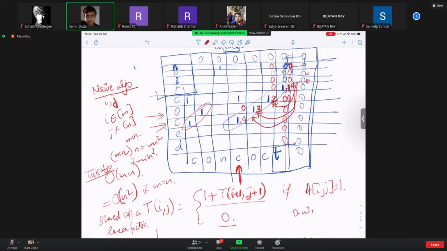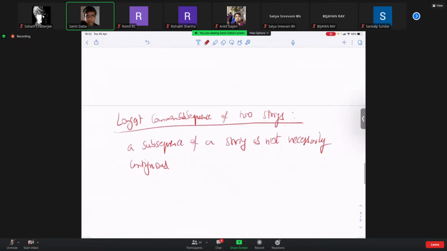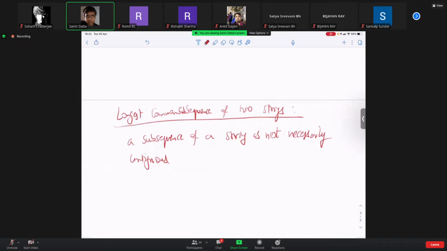Okay, good. So now longest common subsequence of two strings. A subsequence of a string is not necessarily contiguous, correct? So what could be examples of this? Let's just take an arbitrary A, B, C, D, A, B, B, A, B, C, A, B, B, A, and some other string, A, B, D, C, B, A, C, D, A. So what is a common subsequence?